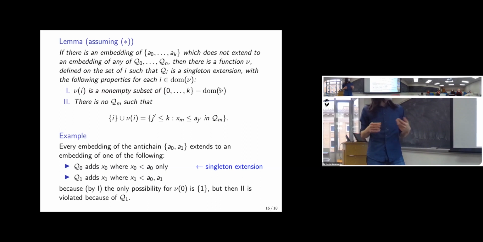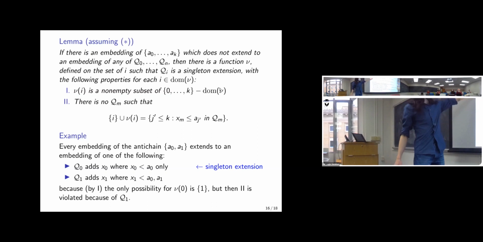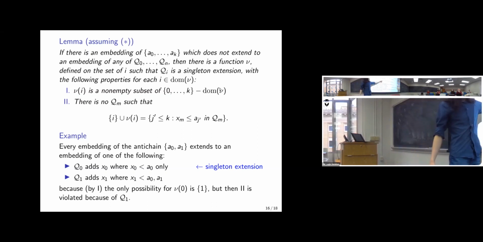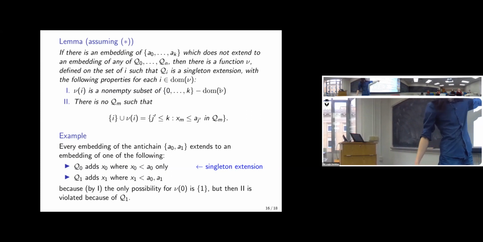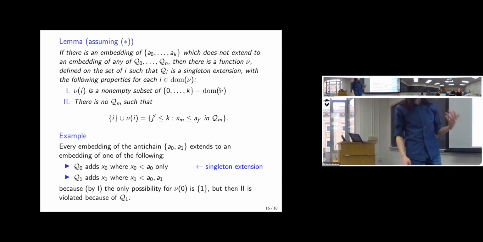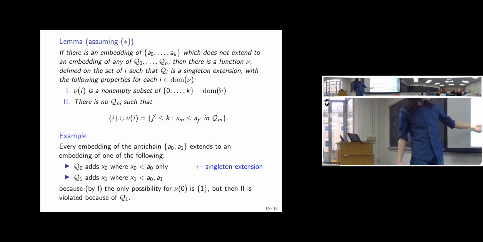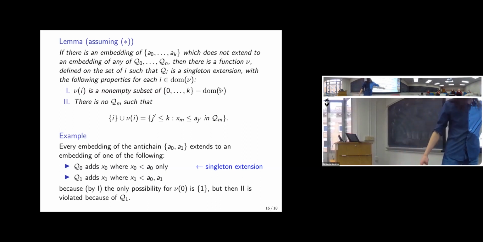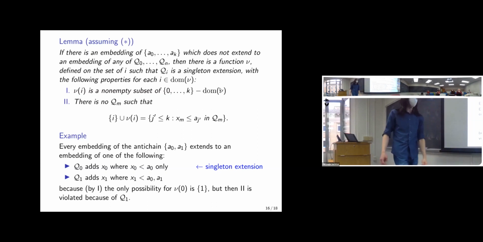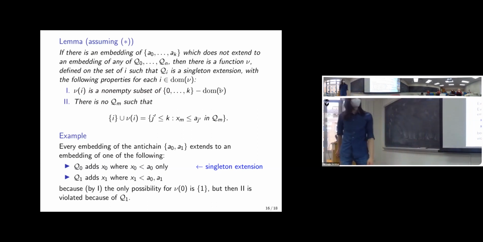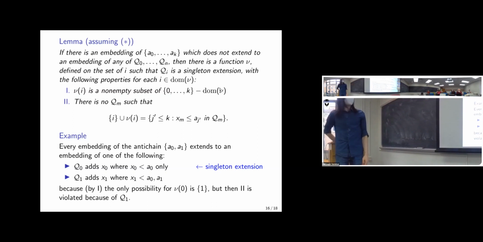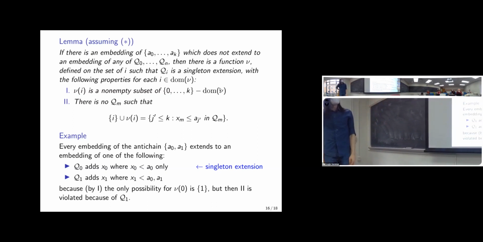But if we define nu 0 to be the singleton 1, then we violate condition 2, because on the left-hand side we're going to have 0, 1, and on the right-hand side we're also going to have 0, 1, because in Q1, x1 is below both a0 and a1. So this is a trivial special case of the lemma. I just put it to show you how these kinds of things work.